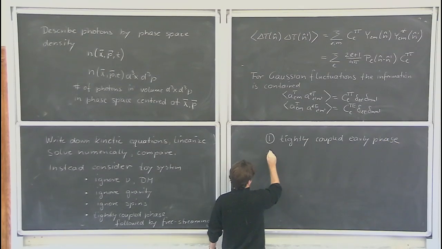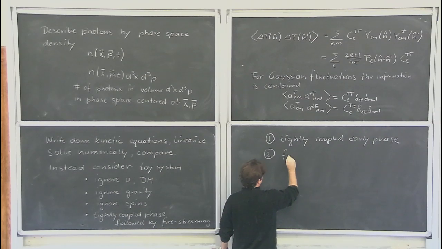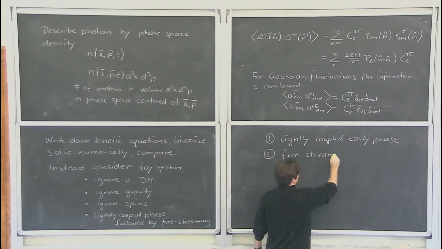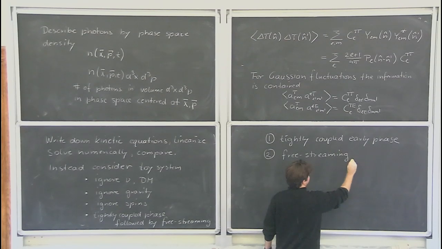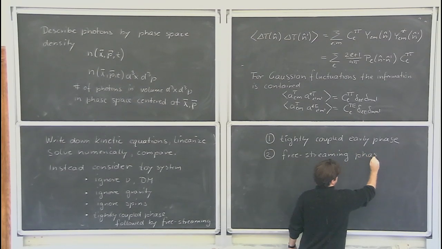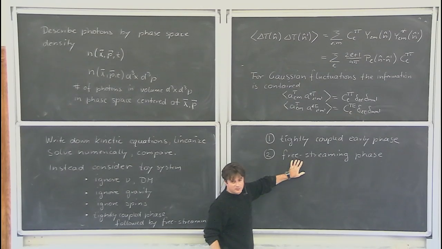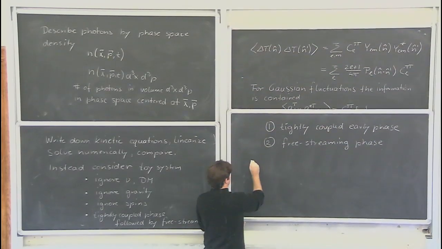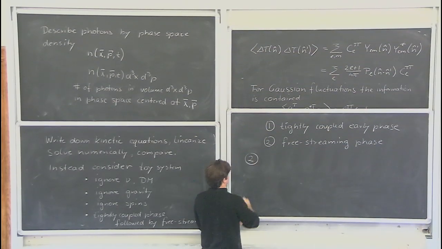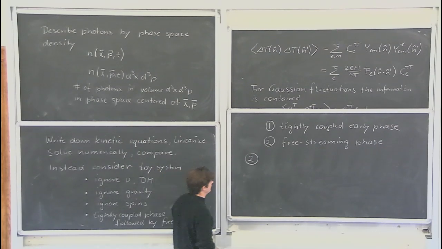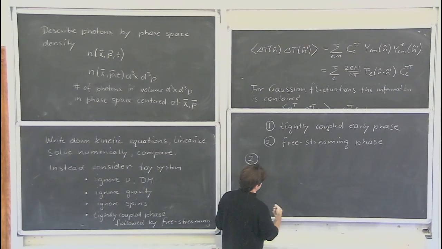And then we have a free streaming phase. And because this one is here, we'll start with this one. So we'll work out what the free streaming phase looks like first. We'll start with 2 and ask what is the equation of motion for the phase space density.